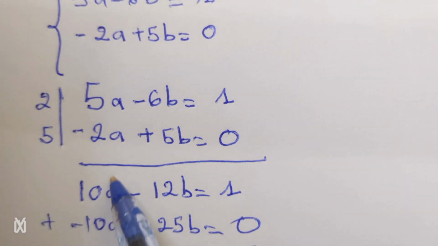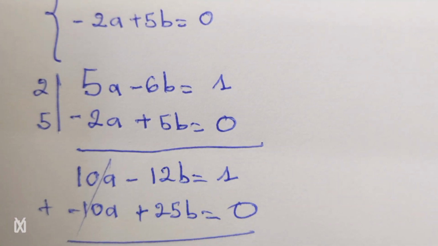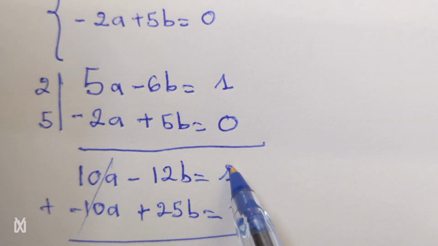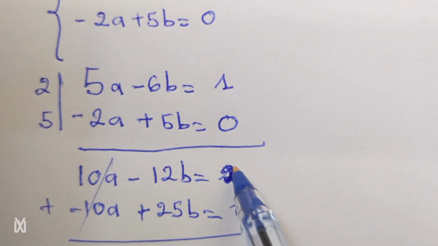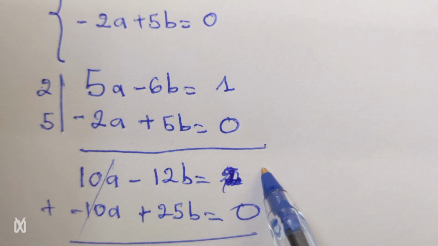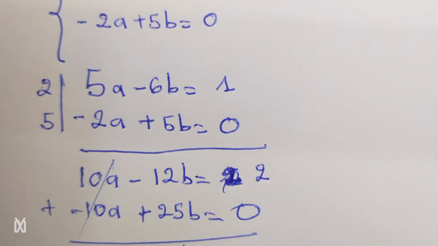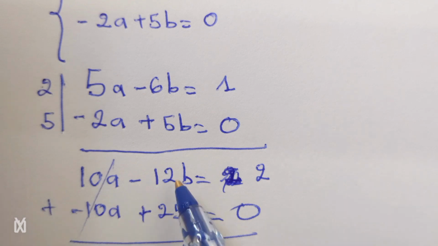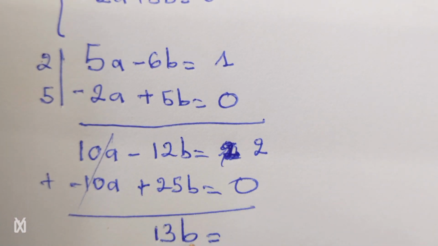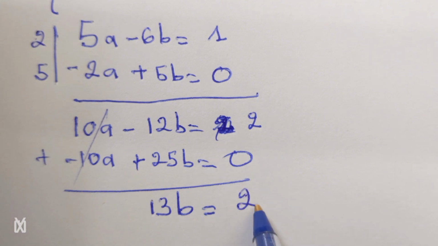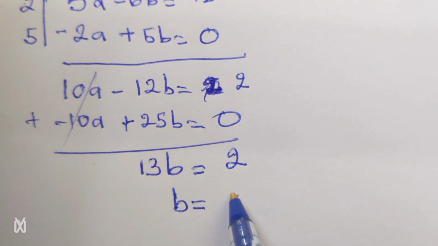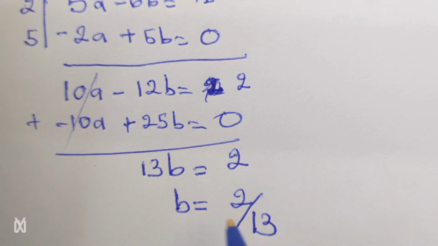By adding, the a terms will cancel. Here we have 13b, because negative 12 plus 25 gives 13b, which is equal to 2. Then b will be equal to 2 over 13.